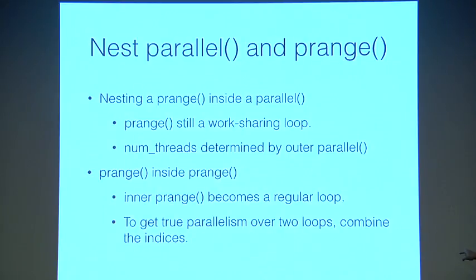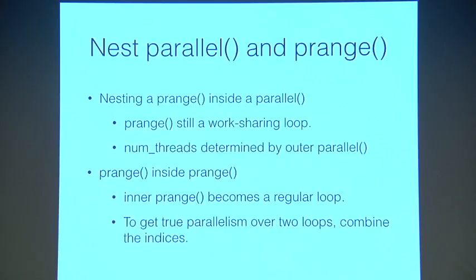You can also nest p-range inside p-range, but it just becomes a regular loop by default. So you don't get any benefit. You don't get basically nested parallelism. If you really want nested parallelism over multiple loops, over 2D loops, whatever, you have to construct the indices and then loop over them in a single p-range and handle it that way, right?